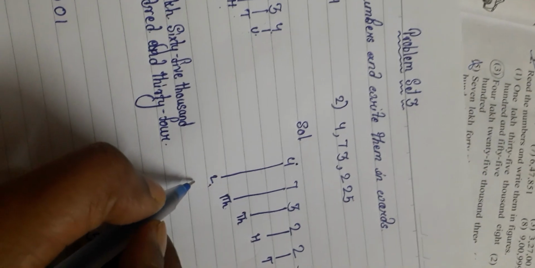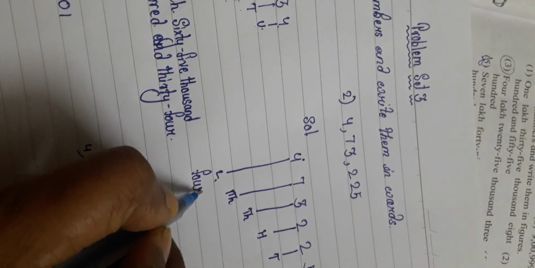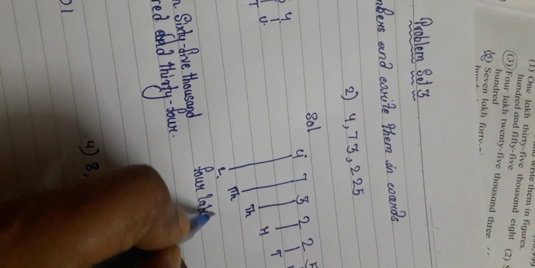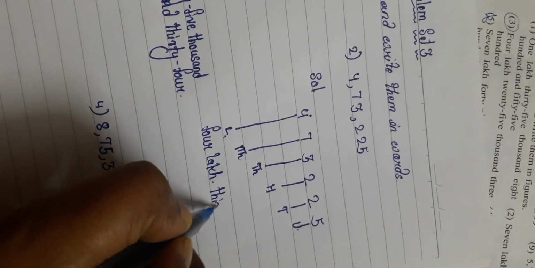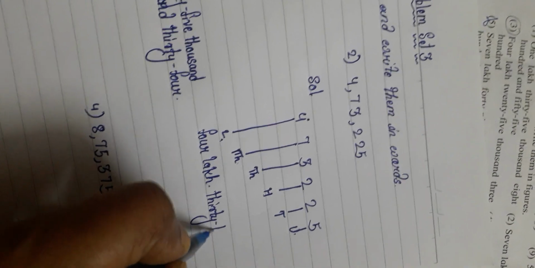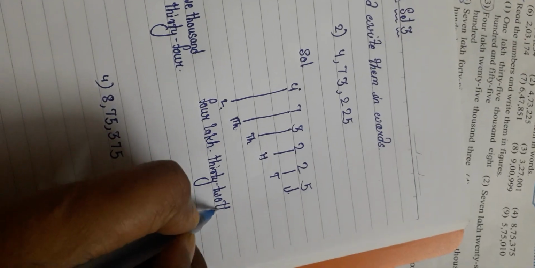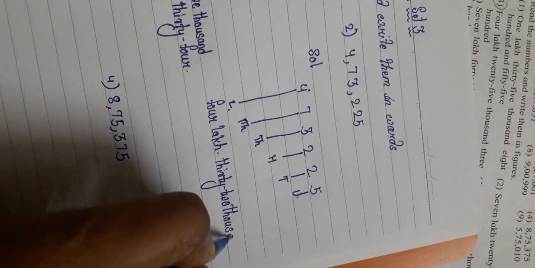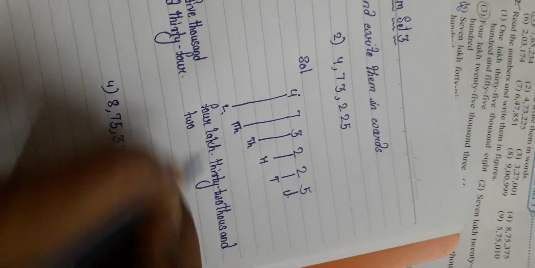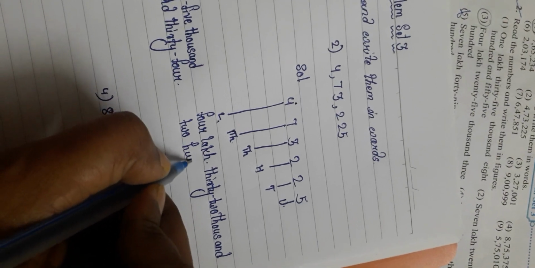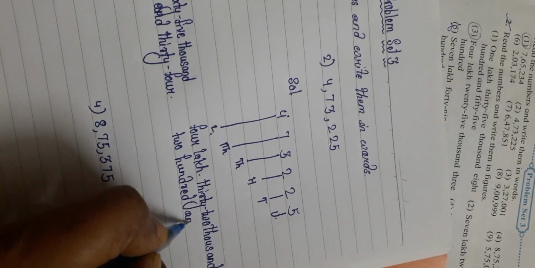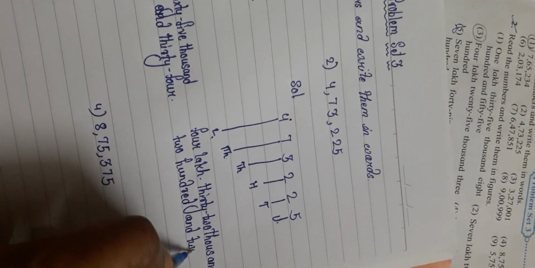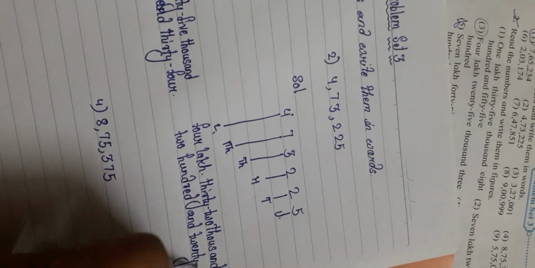Now how to write this? 4 lakh 73,225, that is, 4 lakh 73 thousand 2 hundred and 25.